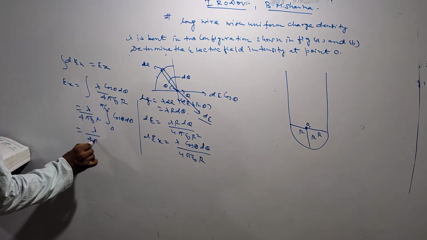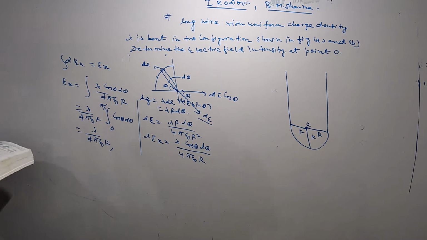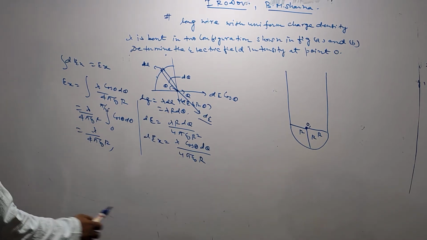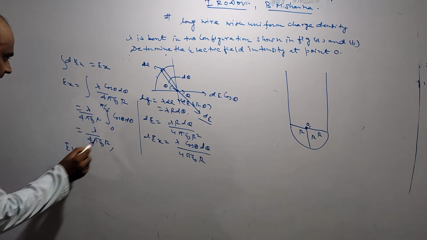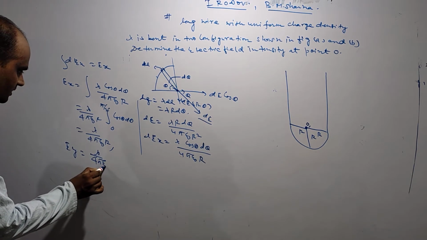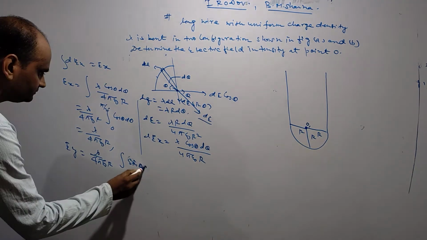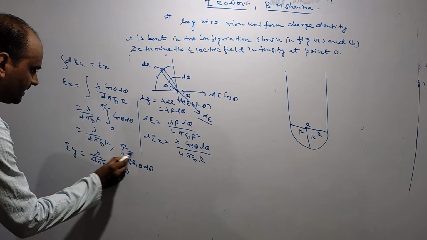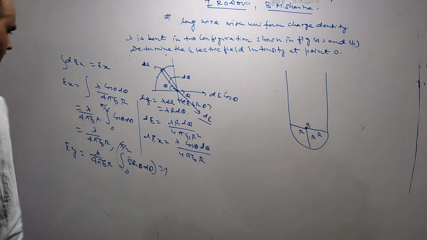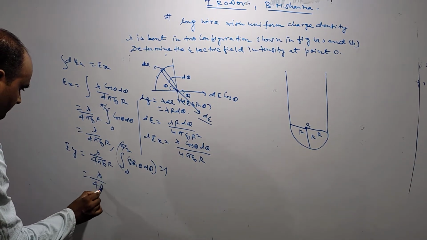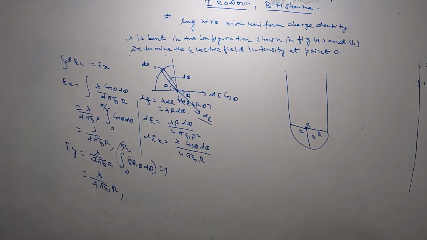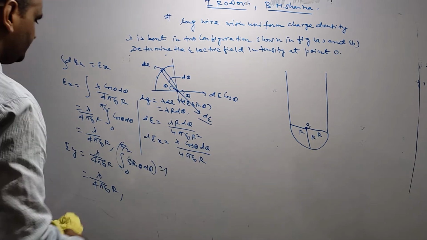So lambda by 4 pi epsilon naught r, and again Ey we have lambda by 4 pi epsilon naught r times the integration of sin theta d theta from 0 to pi by 2, it will again give 1, okay. So we are left with lambda over 4 pi epsilon naught r. So Ex and Ey are both equal.